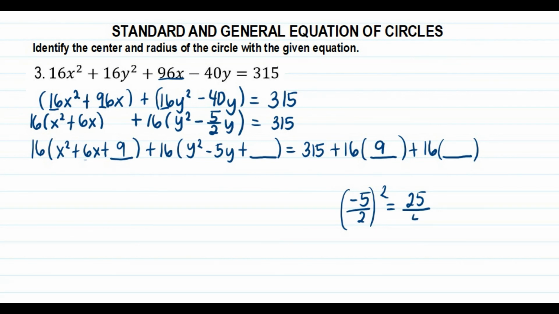Wait. We didn't divide pa pala. Sorry. Negative 5 halves divided by 2. So, cross multiplication yung gagamitin natin. Negative 5 times 1 is 5. 2 times 2 is 4. If you're so used to yung katulad ng dati, wait lang. Negative 5 halves times 2.